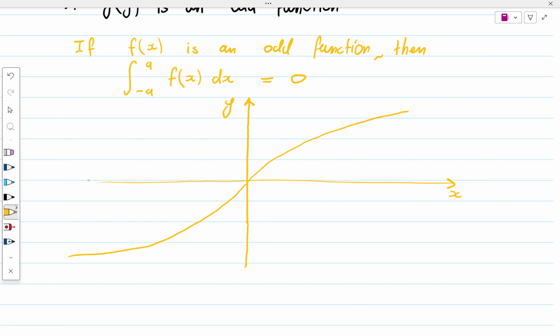And if I were to say, here is my negative a, and here, I guess, is my positive a, and I were to integrate with respect to x along this interval, I would be integrating this area here, and then I would be integrating this area here.